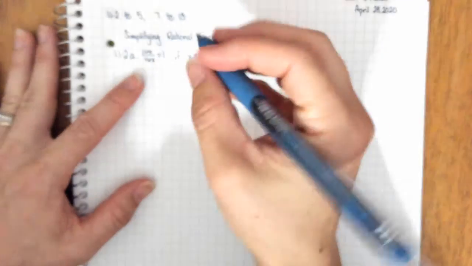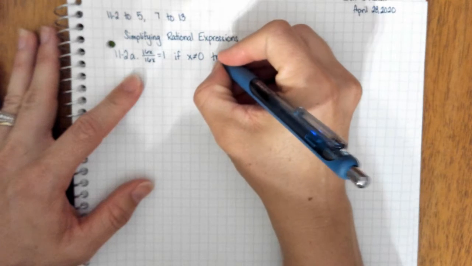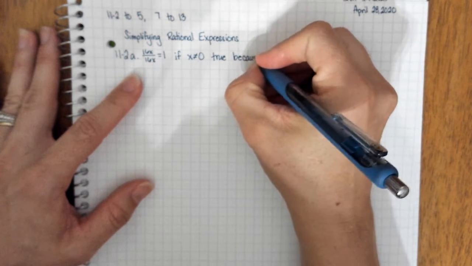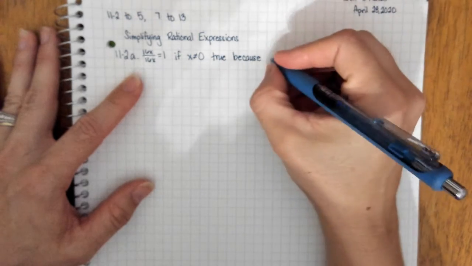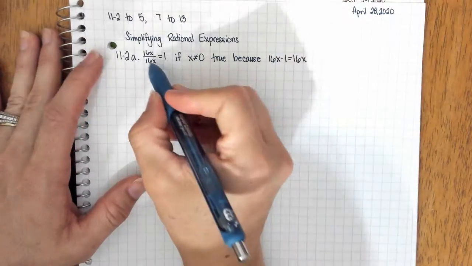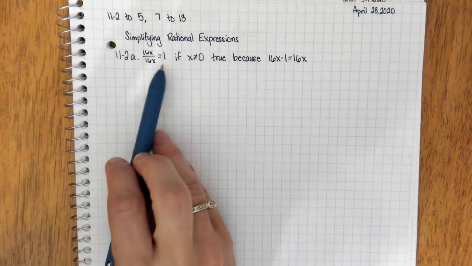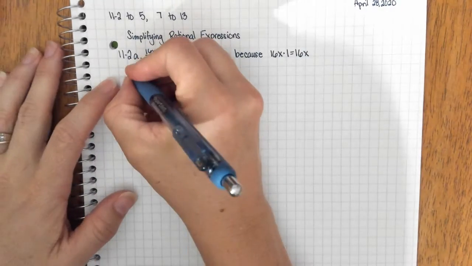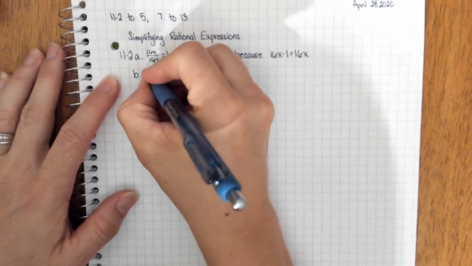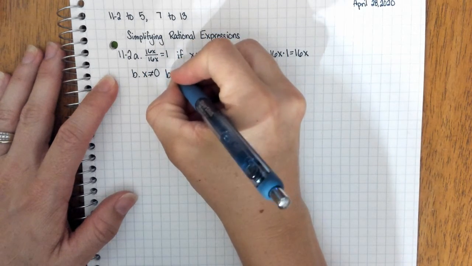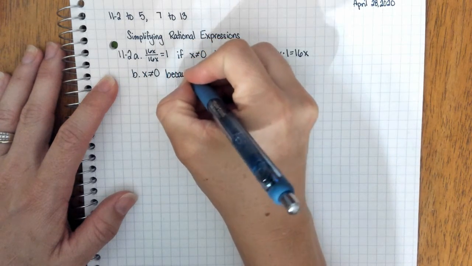The reason that's true, which we know it's true, but one of the ways we first learned division was by multiplication, because 16x times 1 is equal to 16x. Basically, fraction busting that, and you get the 16x times 1. X can't equal 0 because we can't divide by 0.